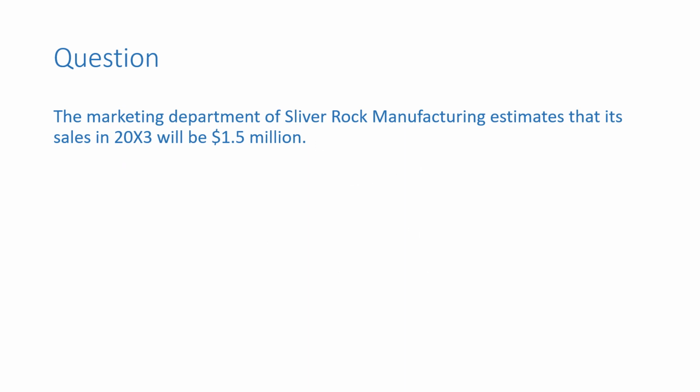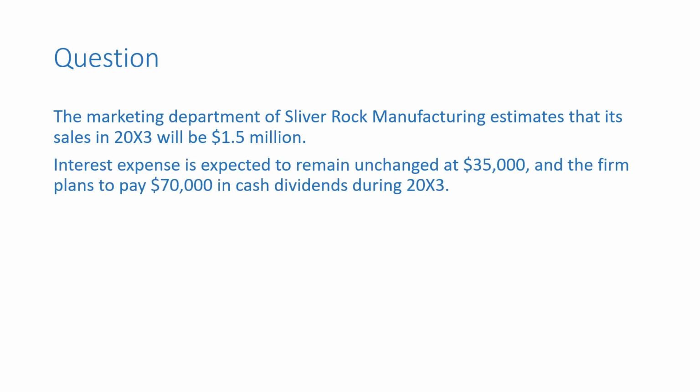The marketing department of Metroline Manufacturing estimates that its sales in 20X3 will be 1.5 million. Interest expense is expected to remain unchanged at 35K, and the firm plans to pay 70K in cash dividends during 20X3.